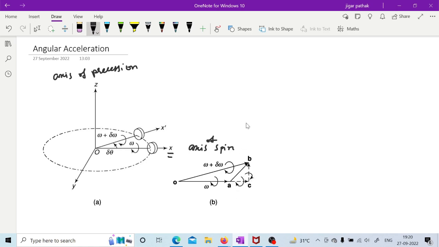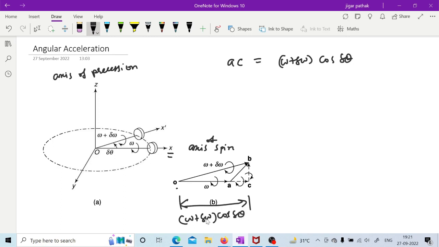Here the horizontal component is (omega plus delta omega) cos delta theta. See, this is delta theta, and this whole OC will be (omega plus delta omega) cos delta theta. You are finding AC, so you subtract omega from this. This is how you will have this component AC.